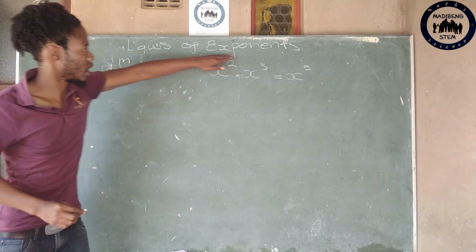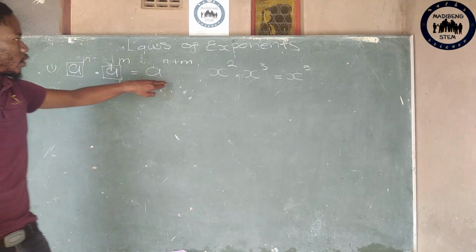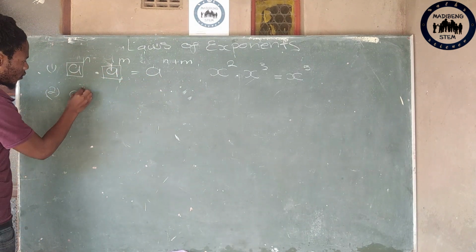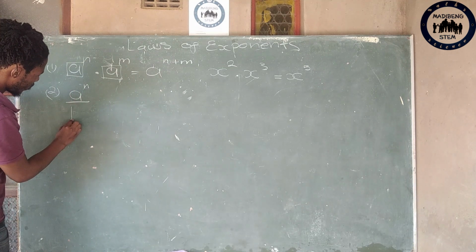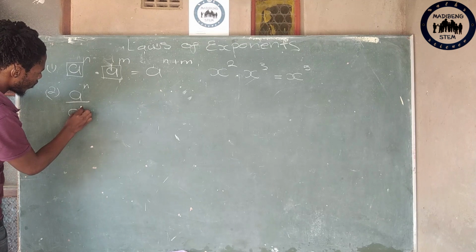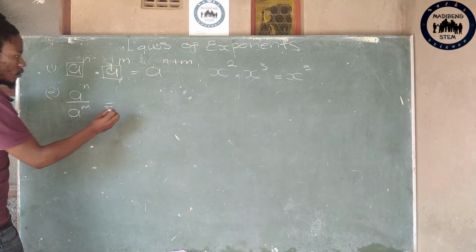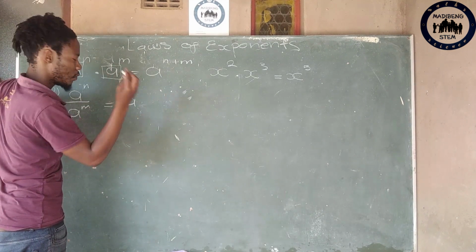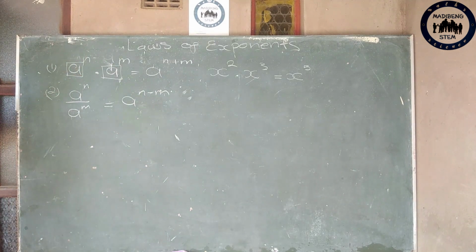Laws of exponents, guys. So when you multiply, you add your exponents. When you divide powers of the same base, you subtract your exponents, guys.